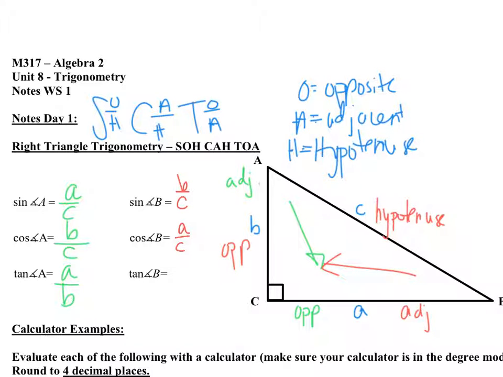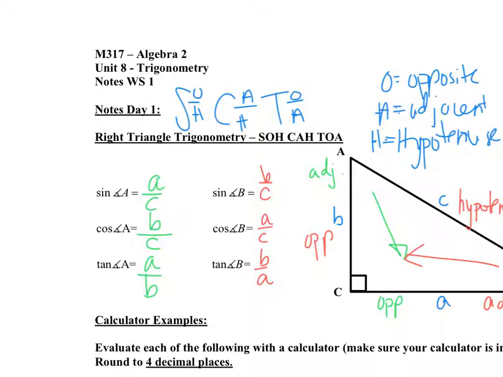And tangent is going to be b over a. If we look at our trig ratios, notice that sine and cosine are the same for opposite angles, and the tangents are flipped depending on which angle you are working with. So let's make sure we remember Soh Cah Toa.